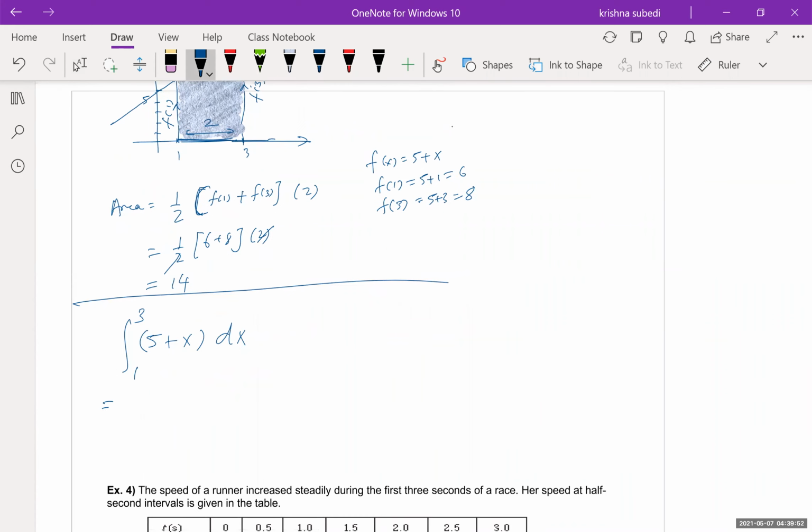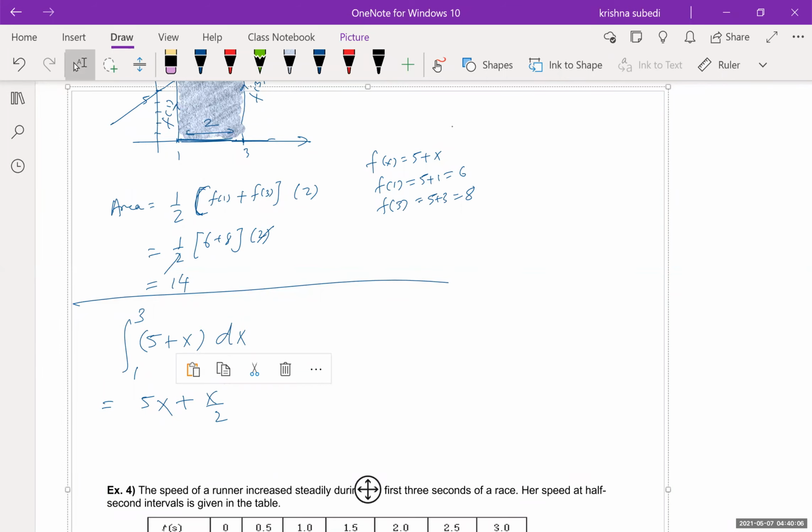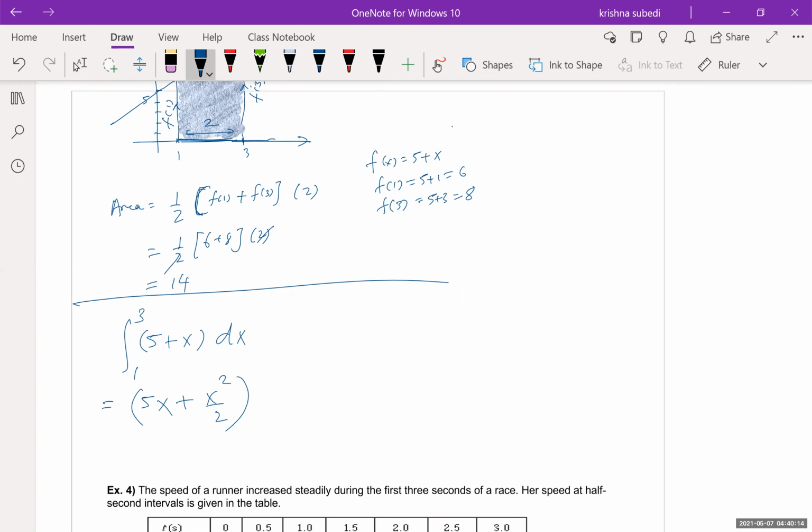To compute the definite integral, you know the antiderivative of this, which will be 5x plus x squared over 2, right? That is your antiderivative, and then 1 to 3.